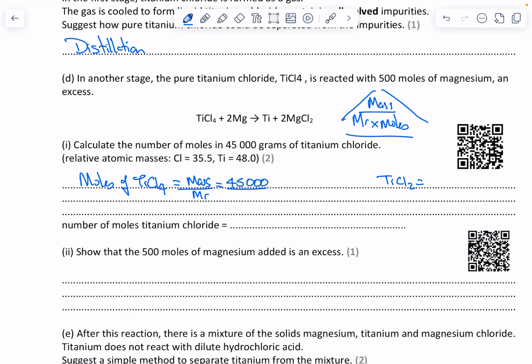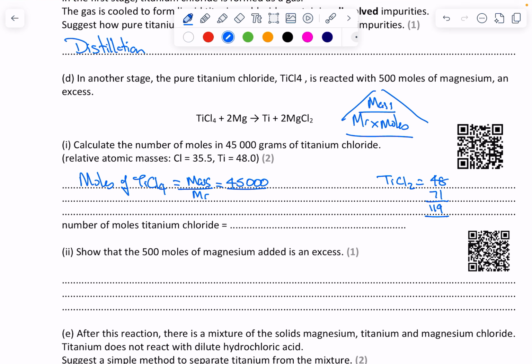So titanium chloride is TiCl2. So I've got one titanium, which is 48. I've got 2 lots of chlorine. Now chlorine is 35.5 times by 2 is 71. Add those together. So we have got 48 plus 71, and that equals 119.